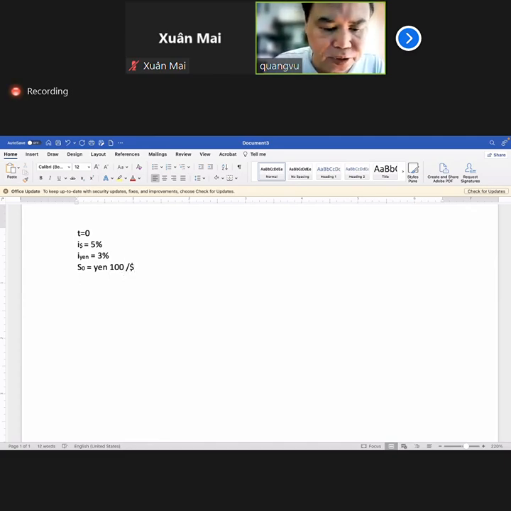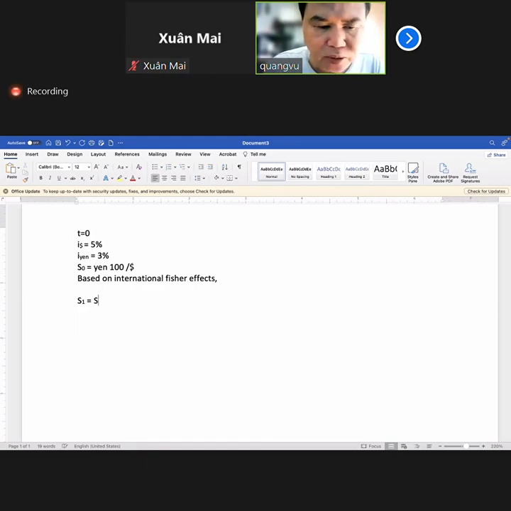Now, based on the international Fisher effect, you can predict the S1, the future spot rate.